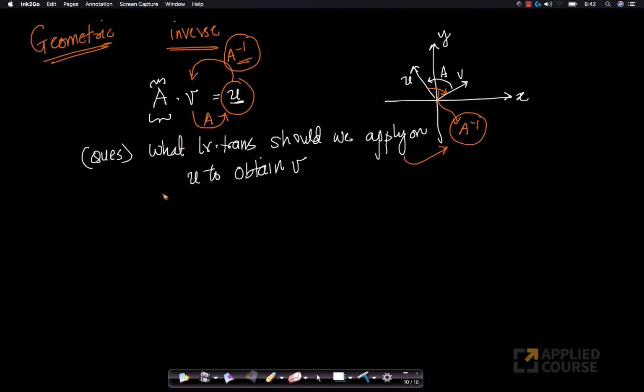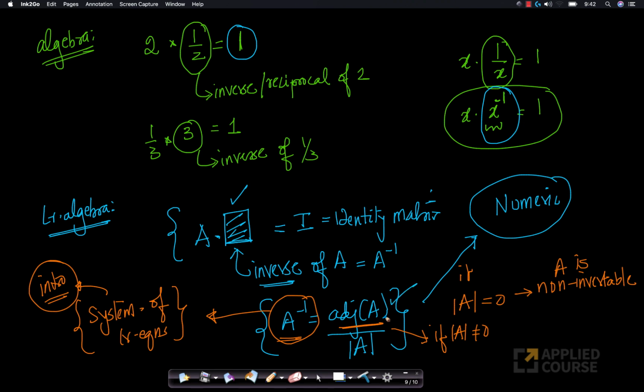Okay, so let's look at it from an algebraic standpoint a little. Now I have AV equals U. On both sides, if I apply this transformation called A inverse, remember that this is also a vector, and I can compute A inverse using this formula, right?